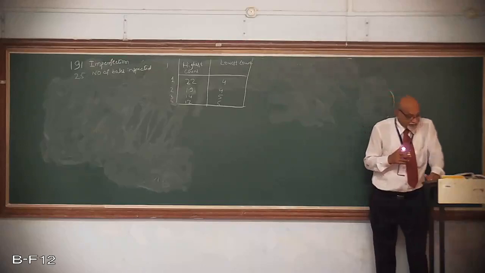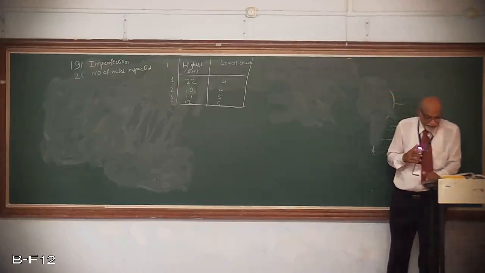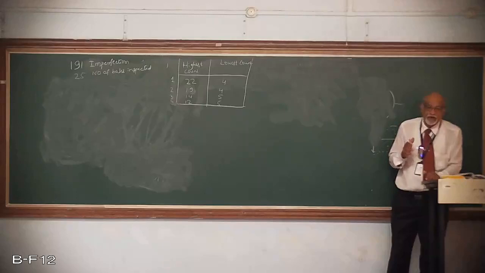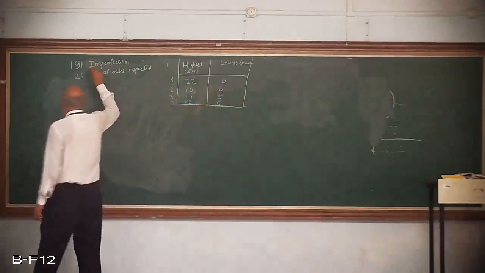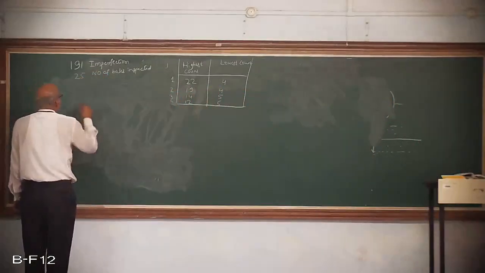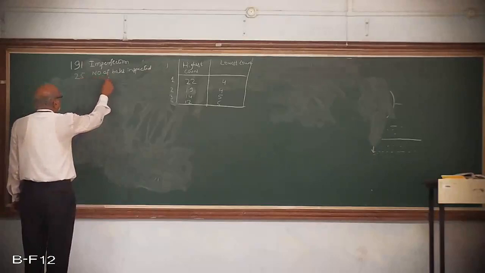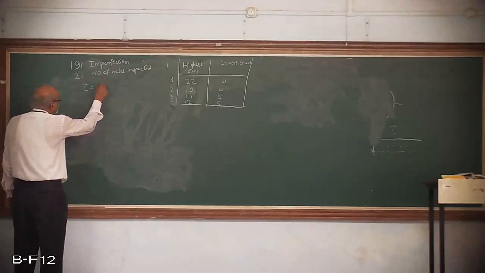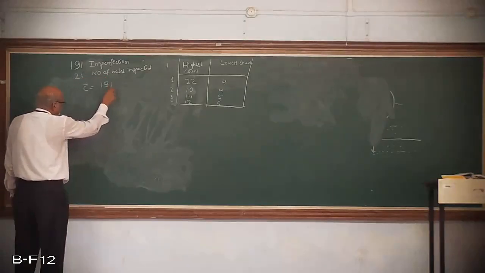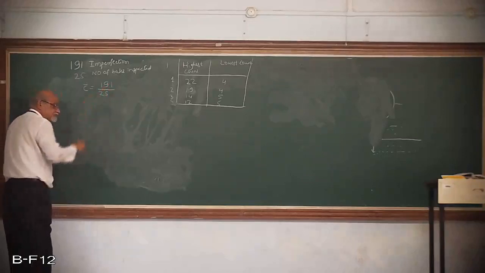Okay, now let us find out, on an average, how many imperfections are there per bale. Totally we know that there are 191 imperfections in 25 bales. So the average value C bar is the total number of imperfections, 191, divided by 25, because these are the number of bales inspected.